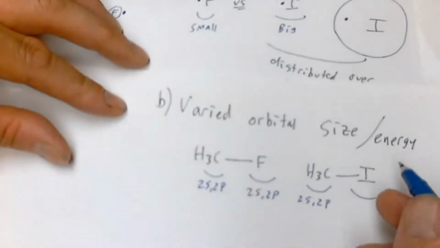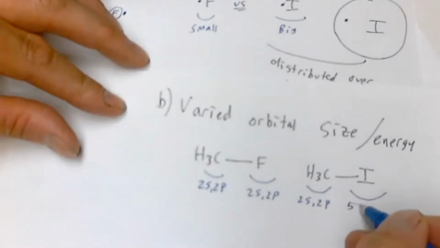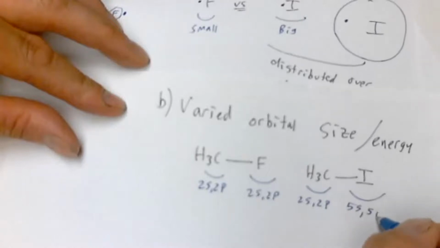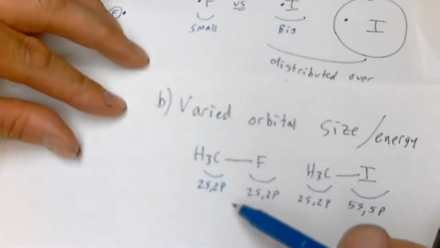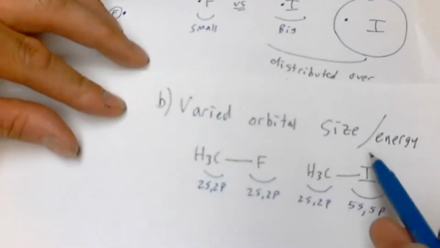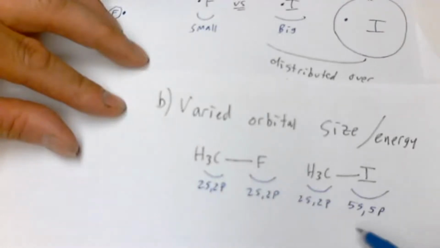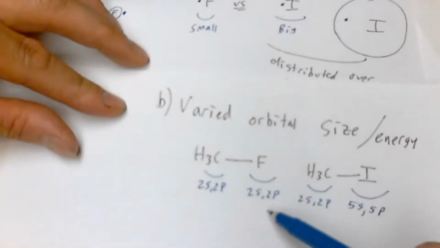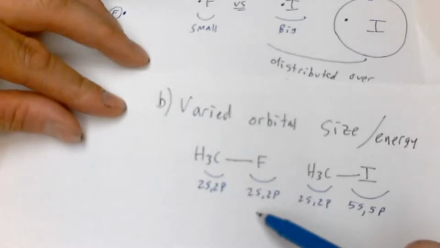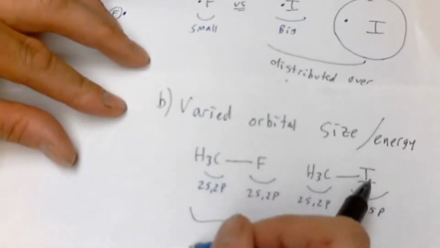It's 5s, 5p. So those are the valence electrons. Who has the happy bond? When you have two atoms with the same type of orbitals, versus a bond with totally different orbitals, you can imagine that fluoromethane is just a happier molecule. What does that tell you about the bond strength? This is a more stable bond.